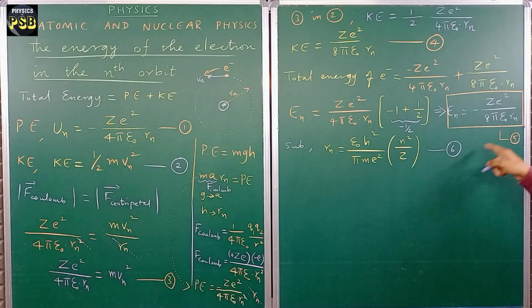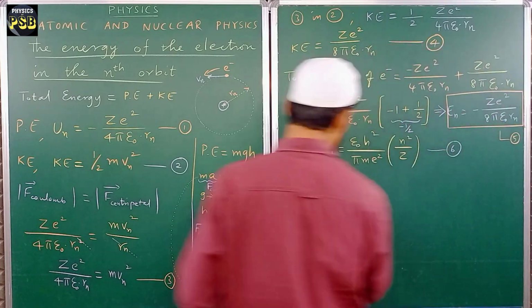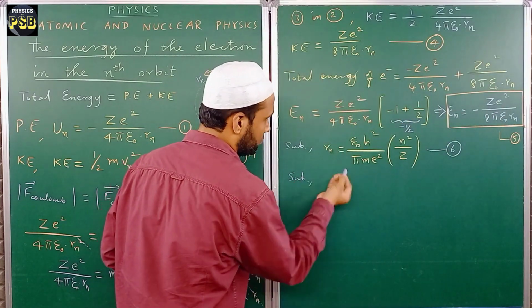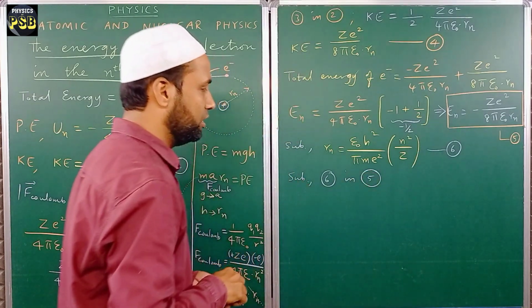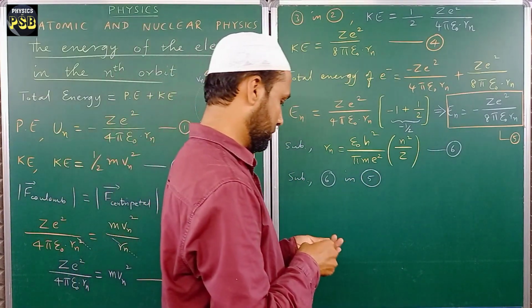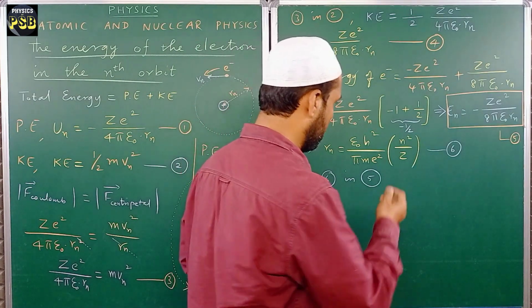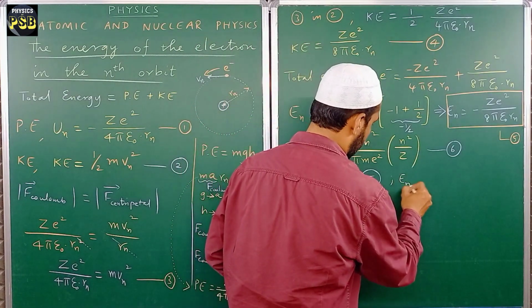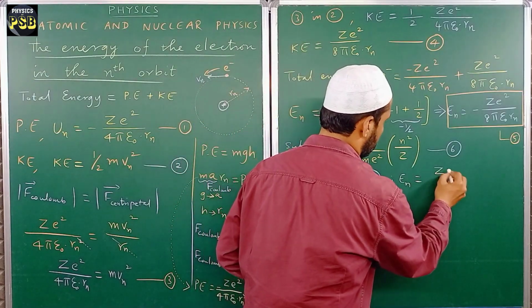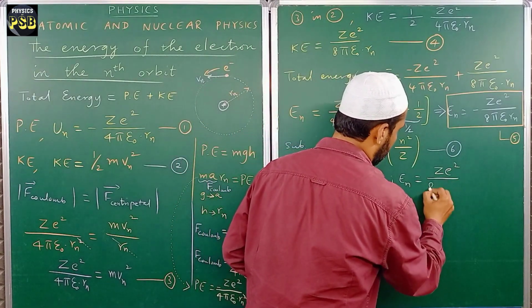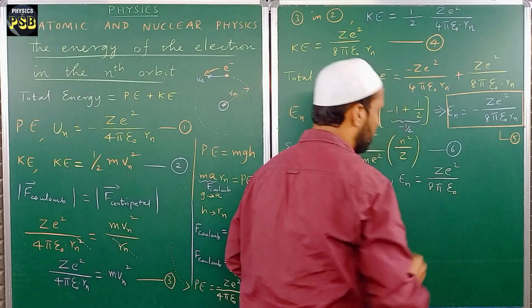Now I'll substitute this in 5. Substituting 6 in 5, what I'll get if I do so? I obtain this: En equals Ze² upon 8πε₀.